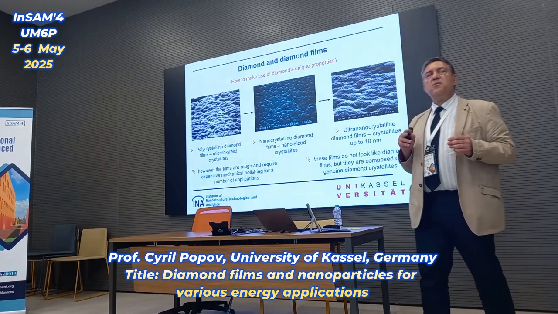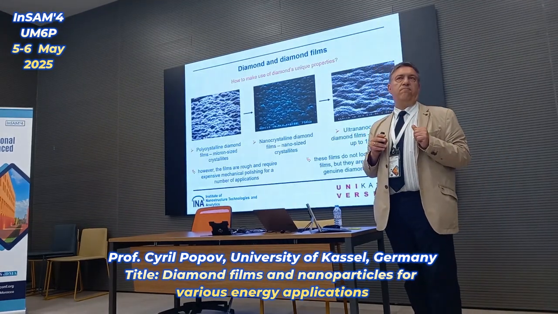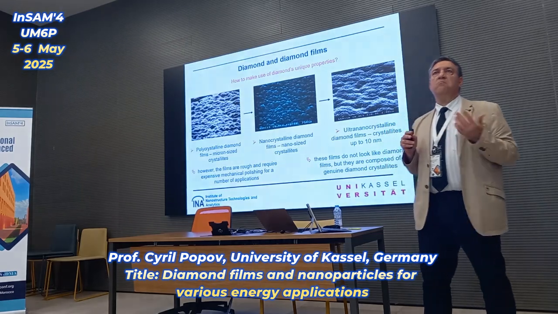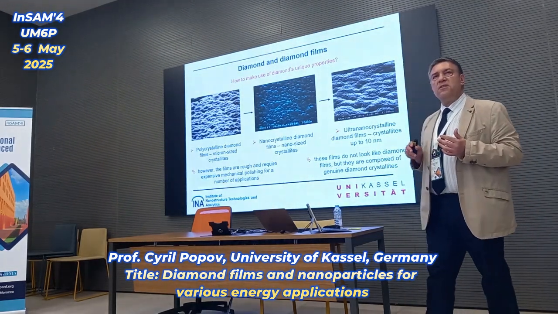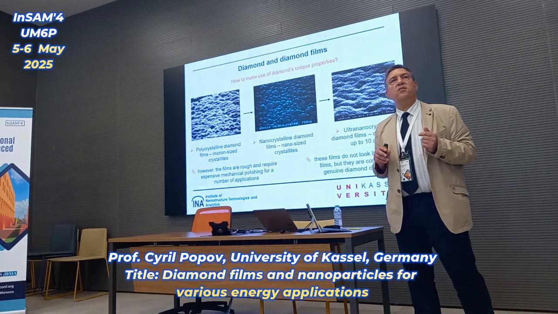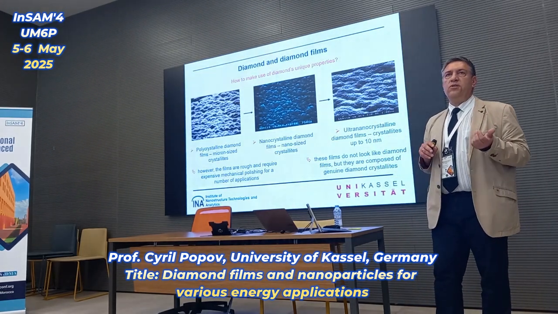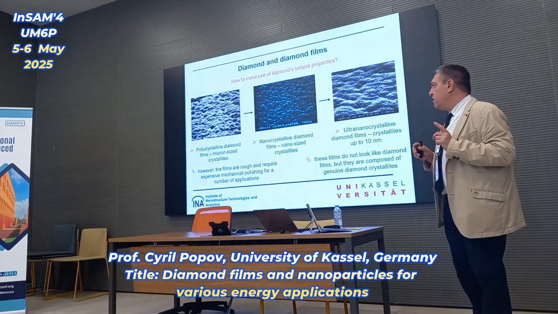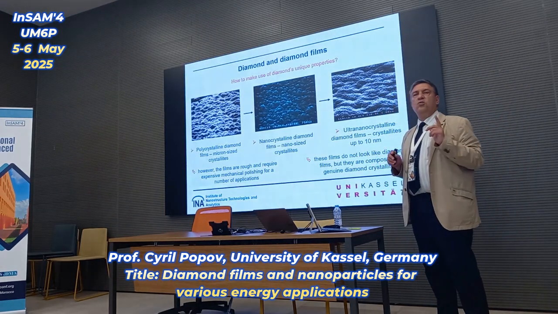These facets make the film extremely rough. Some applications need rough film with larger surface. However, other applications need a much smoother surface. And to polish diamond, the hardest known material, is an expensive, time-consuming job.